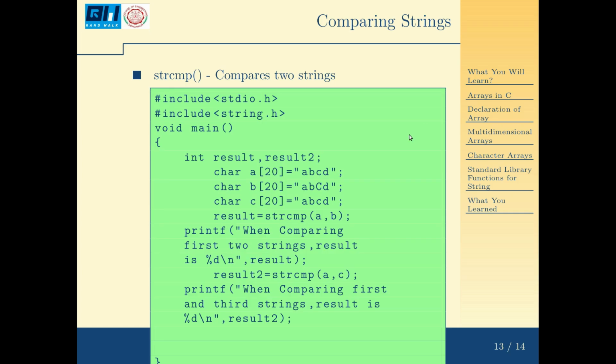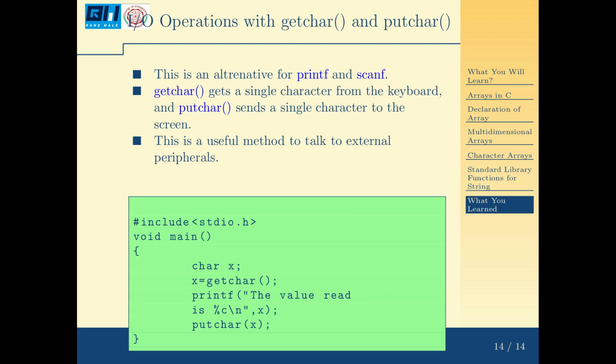Okay, so we have seen strlen, then strcat, then strcpy and strcmp for comparing strings. Then there are some IO operations for characters, like getchar, putchar, etc. This is an alternative to your printf and scanf. The first IO operations you have seen were printf and scanf from stdio.h.